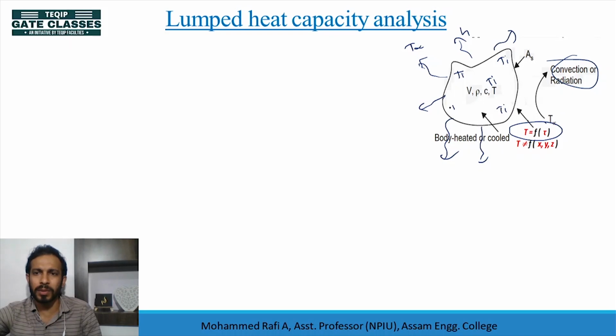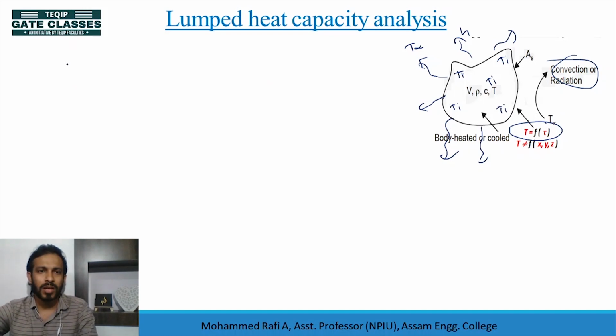After some time, if Ti becomes some other temperature T, then the whole body attains that temperature. That is the meaning of lumped heat capacity analysis. Lump means just a group of things. All of the body attains the same temperature, but it depends on the time.